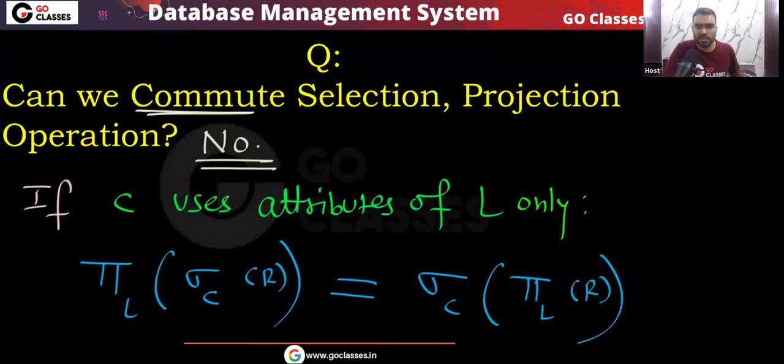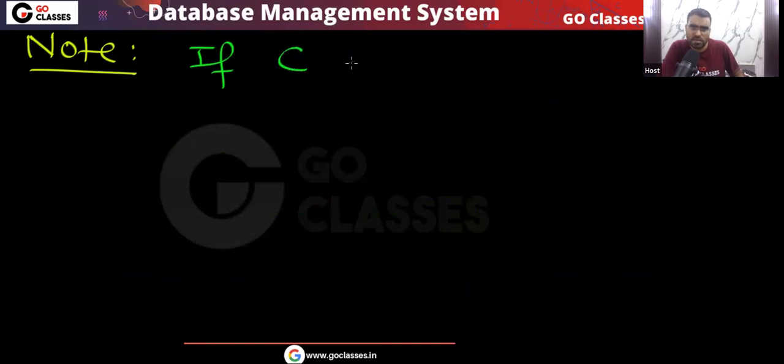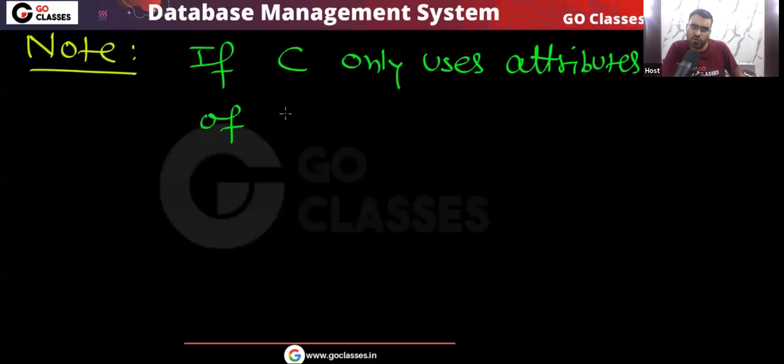Let me know, did you understand? This is a simple point, remember, and this is important. In the GATE exam, they can ask you this. If this condition C only uses attributes of list L, then remember, we can commute.